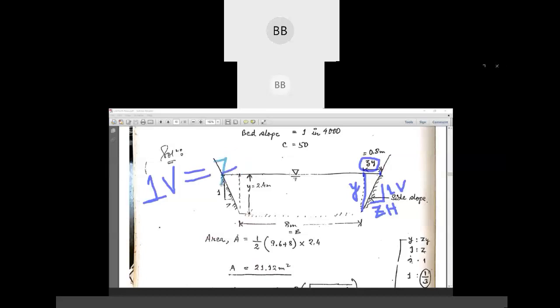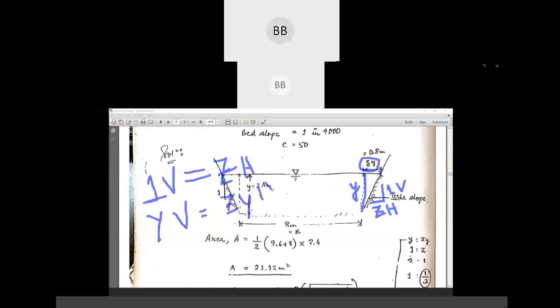Okay, from here we can say, for one vertical we have z horizontal. Okay, so then if we consider y vertical, as this is your vertical and this is your y, that is your depth of flow. So y vertical, what will be your horizontal? That is your zy horizontal.